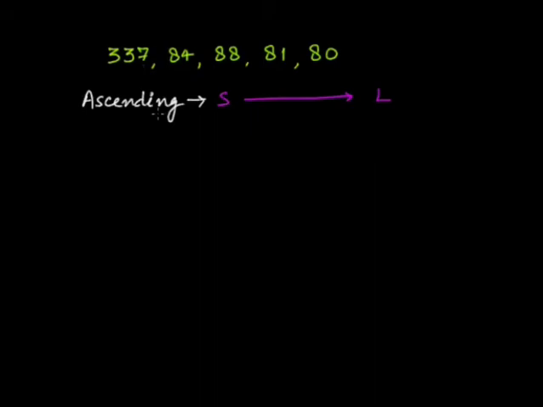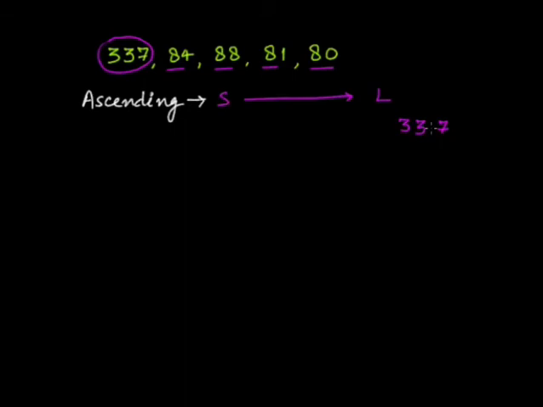The largest number is the number which has the most digits, right? We'll count the number of digits in a given number, and the number having the most digits will be the largest number. In this case, 84, 88, 81 and 80 are all 2-digit numbers, except 337, which has 3 digits. Therefore, the largest number is 337, right?